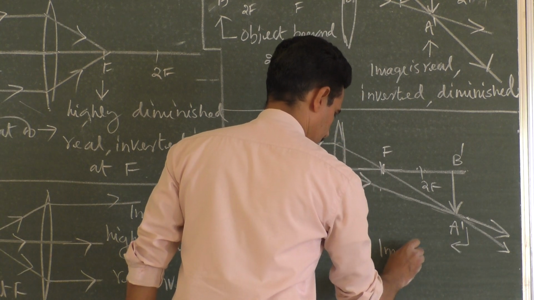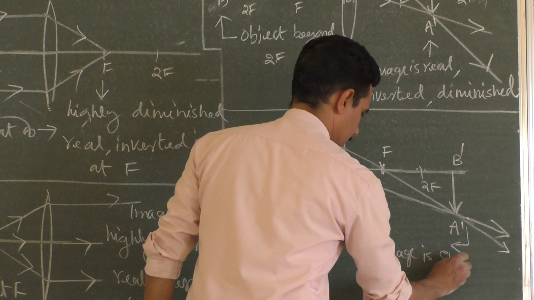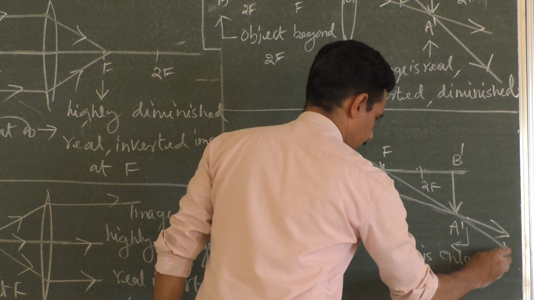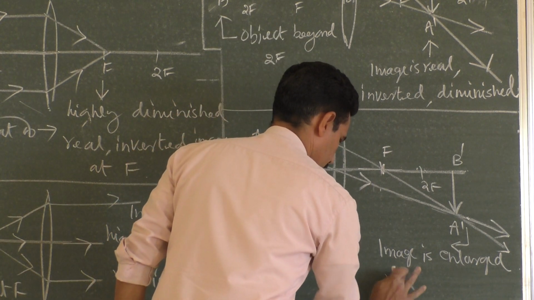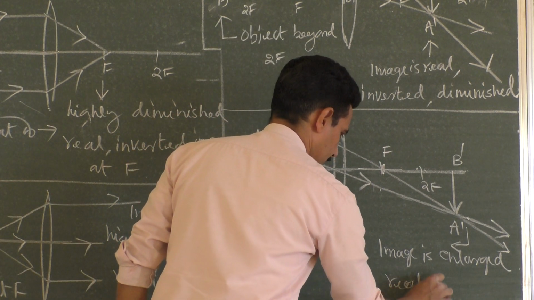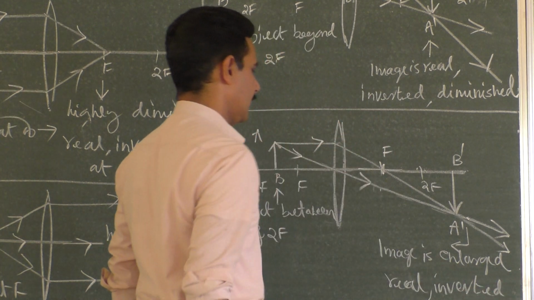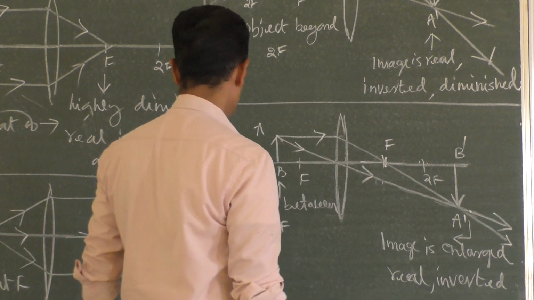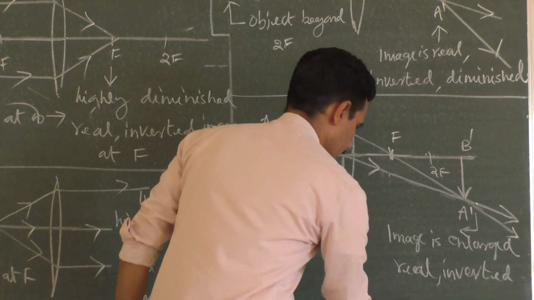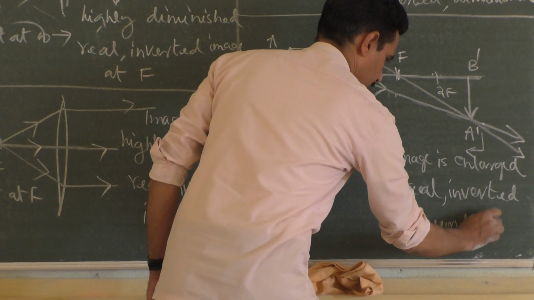The image is enlarged because it is beyond 2f, enlarged, real, inverted, and beyond 2f.